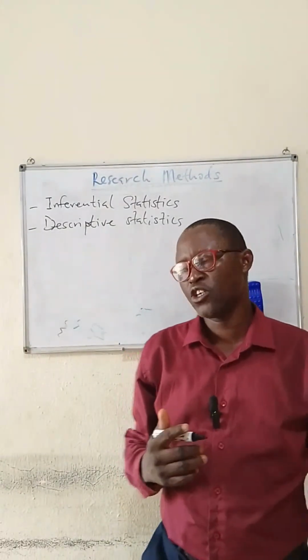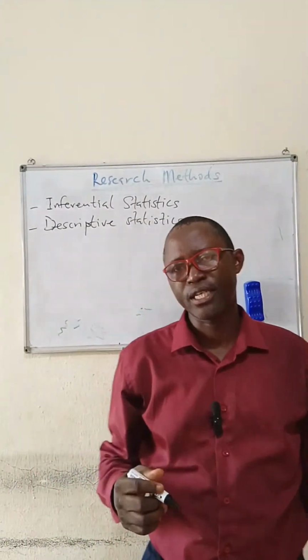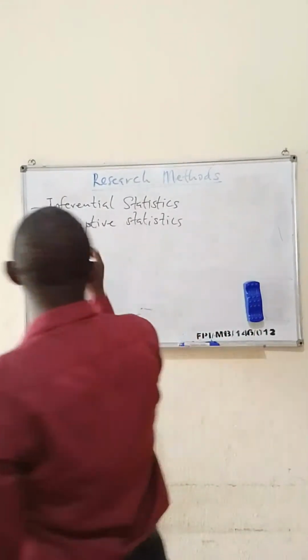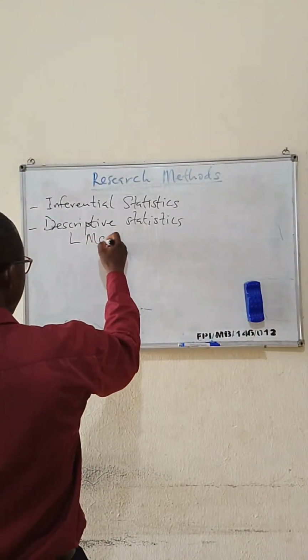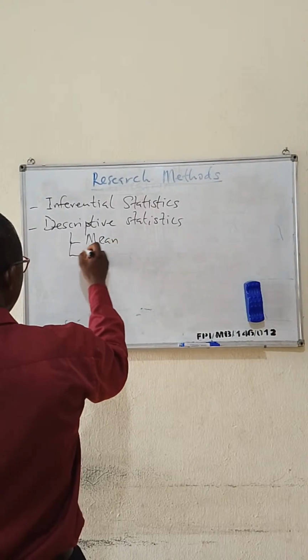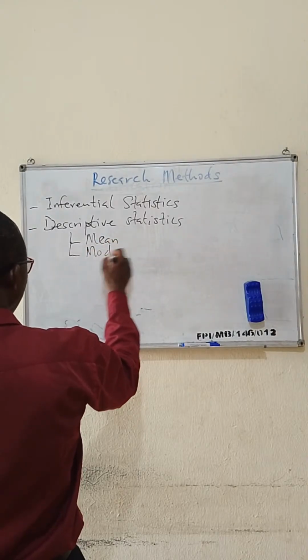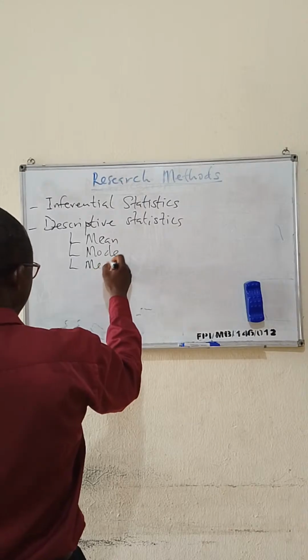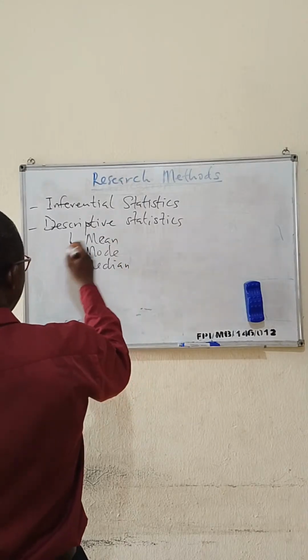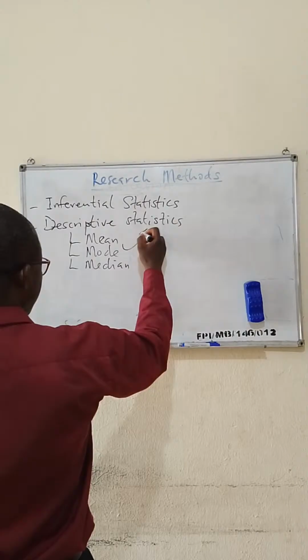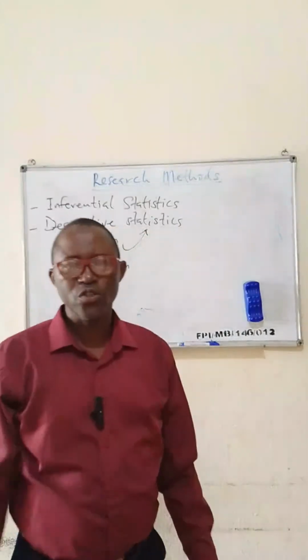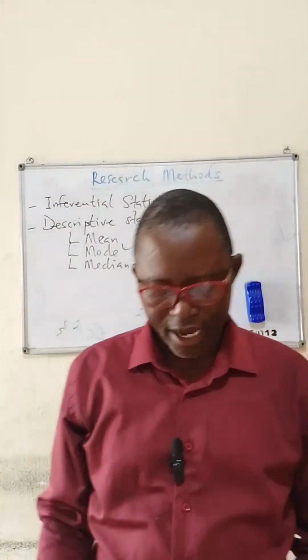Those are the various ways by which we can describe data obtained. For example, we can calculate a mean of a set of data, mode, median. These are regarded as descriptive statistics. So we use those to describe the data that we have.